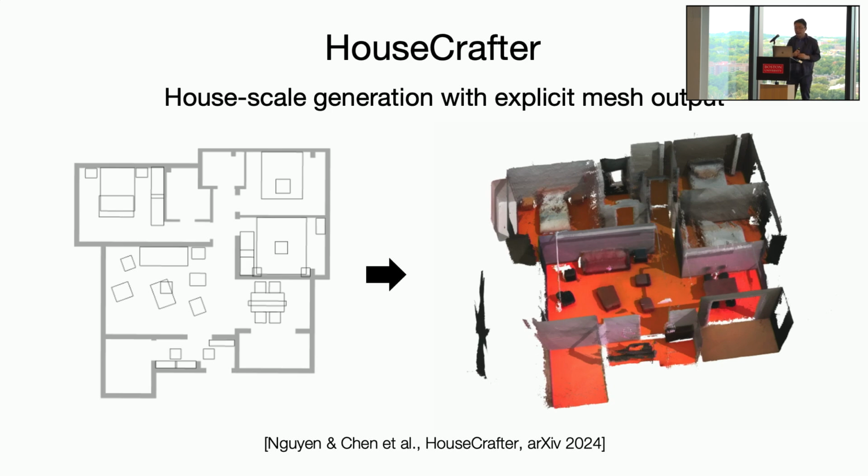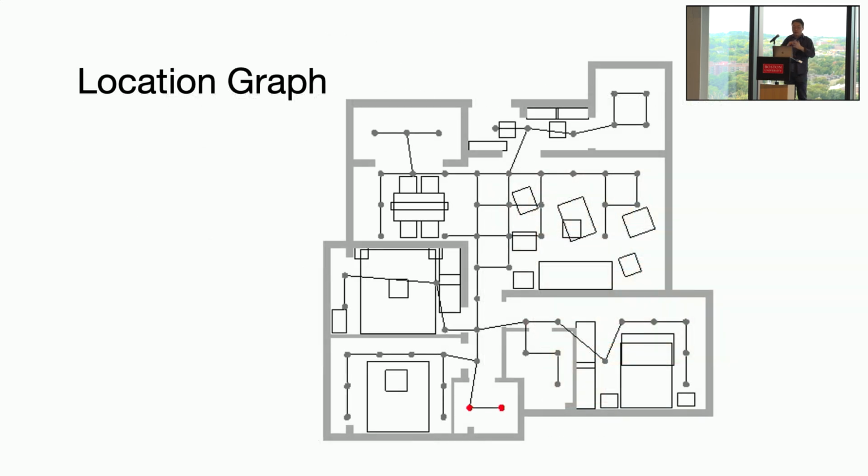So how can we do that? Technically, we have a floor plan to start with. In this floor plan, we know, okay, there is a bed over here, there is a couch over here. What do we do? The first step is to have a location graph, right? Here, each node means at this location, we're going to generate some images, pretending there was a camera over there.